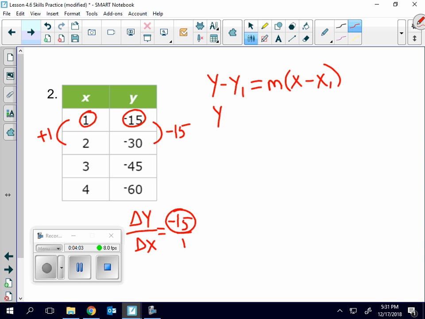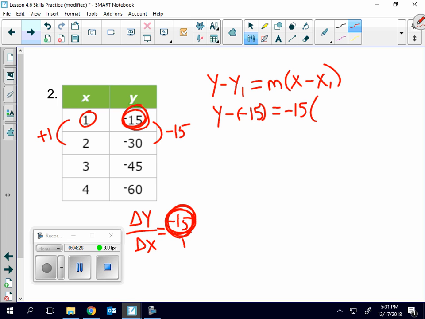So it's y minus a negative 15. You can put it in parentheses if you want. Equals m, which is negative 15 as well. Negative 15, that one's here. And then my y1 was also negative 15, so don't get that confused.